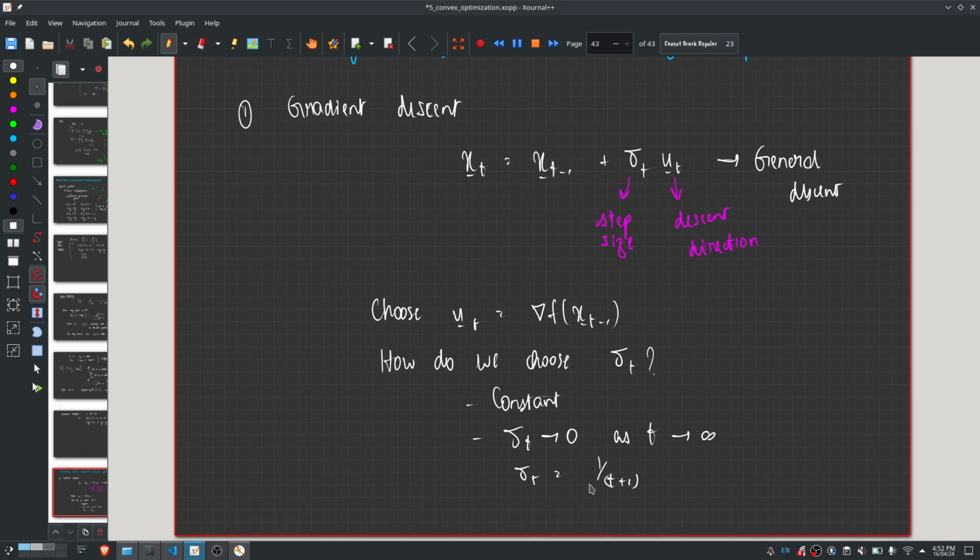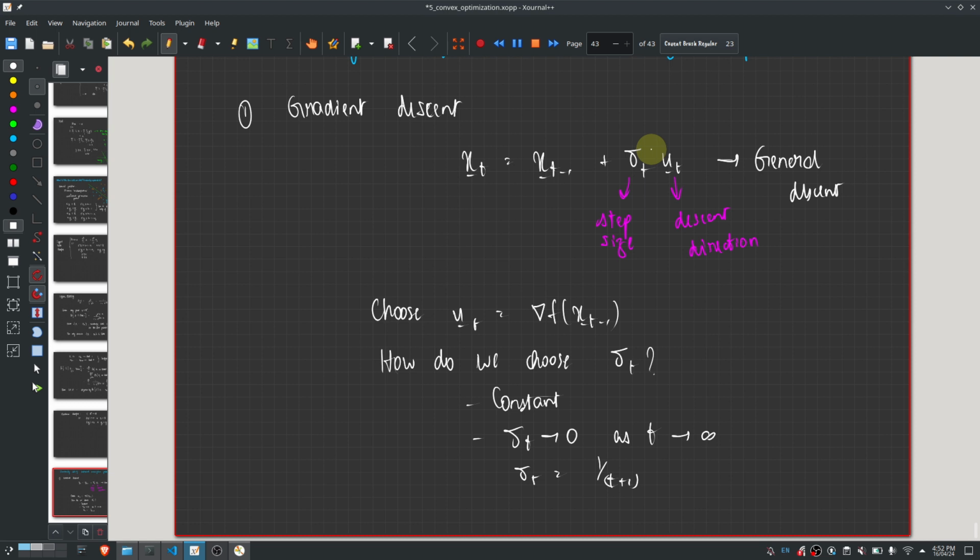Another way of choosing delta t is this. You fix a particular direction, and you know that if the function f is a multivariate convex function, then along every direction it is convex. So along this direction you choose the step size which gives you the minimum value of the function in that direction. That is what is called exact line search.